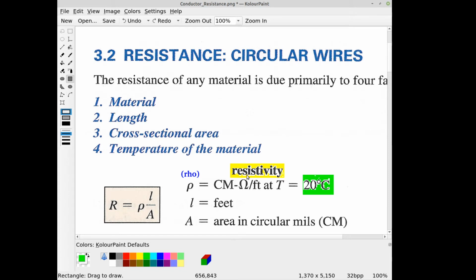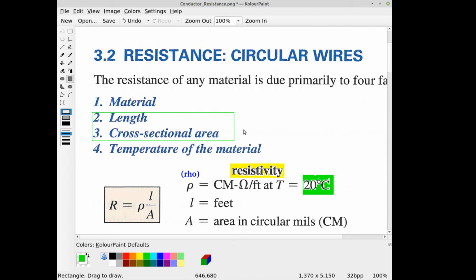Now notice that the resistivity here is given at a fixed temperature. The fourth item on the list is the temperature of the material, which will affect how much resistance there is. And so we have here the length and the cross-sectional area.